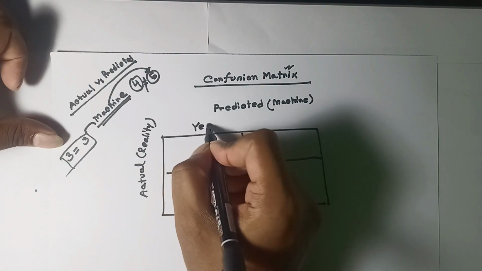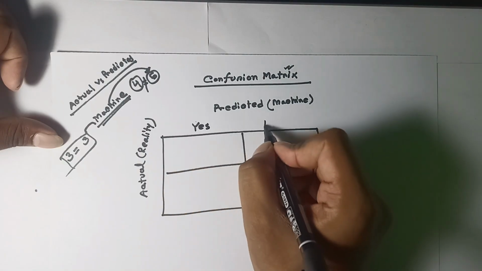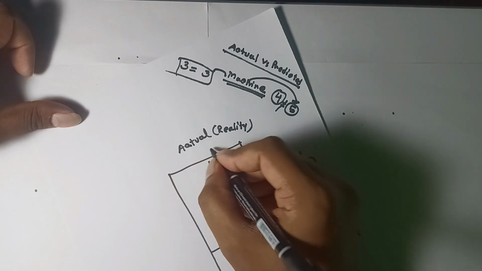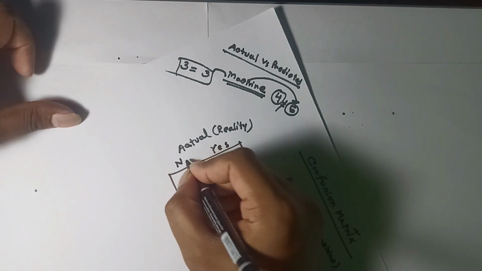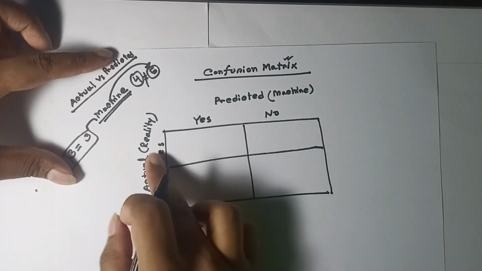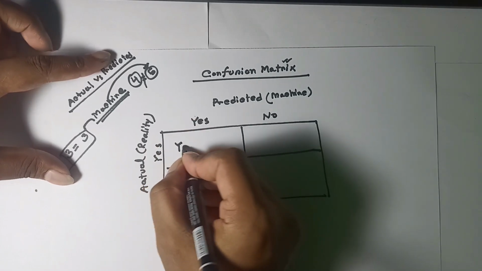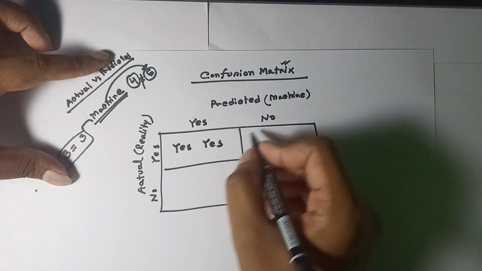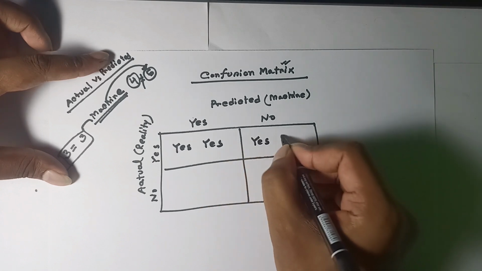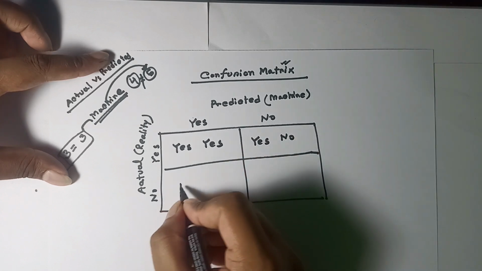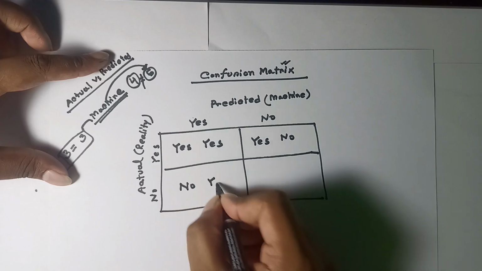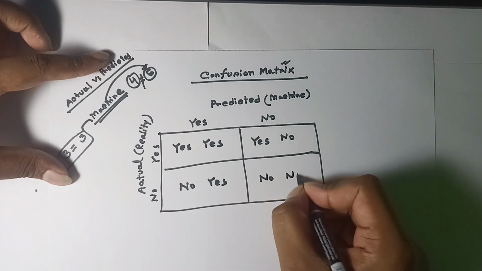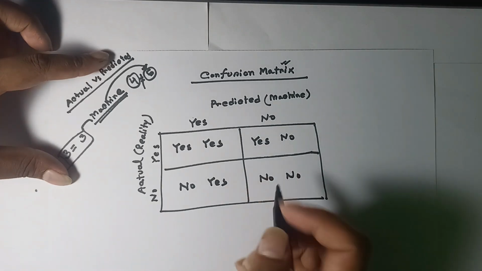Say yes, no, yes, no. So yes, yes, that will be our yes, yes, and that will be our yes, no, that will be our no, yes, that will be our no, no.